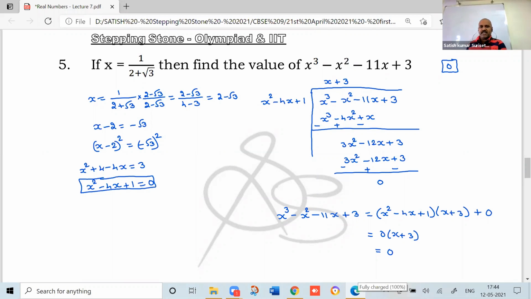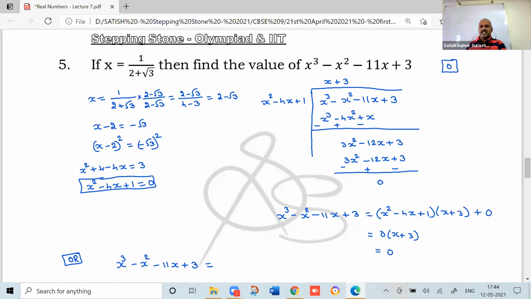So there's another method also, without division also you can do it. So you have to simplify this. So let us discuss another method also. Take the same expression, x cube minus x square minus 11x plus 3.